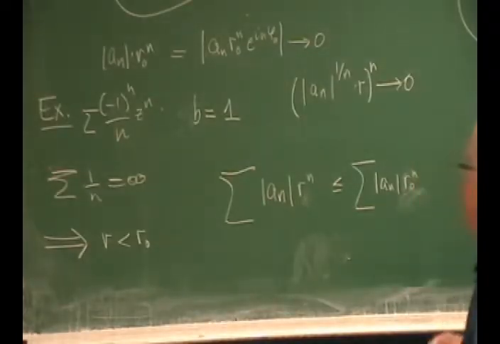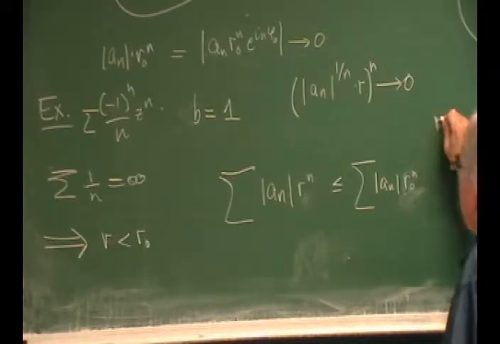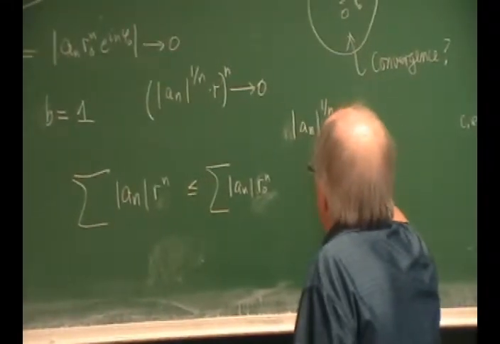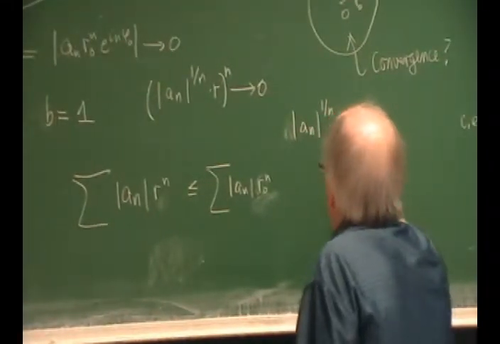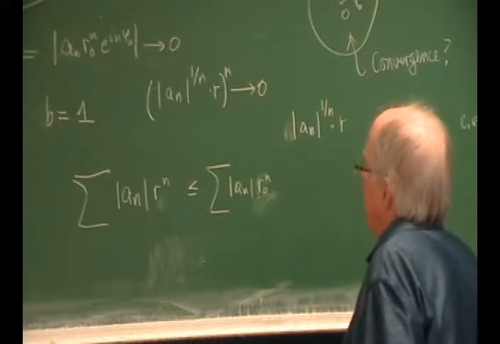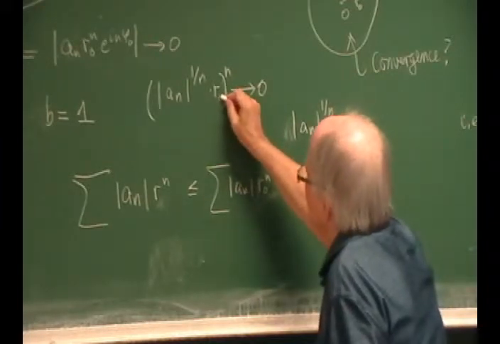And that means that, I hope I've done this right, the A_n to the 1 over n times r_0 has to be in this.